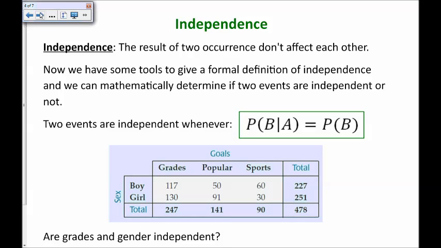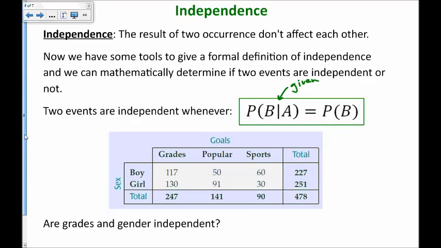The probability of B given A is equal to the probability of B, meaning the probability that B will occur is independent of whether or not A has occurred or will occur.